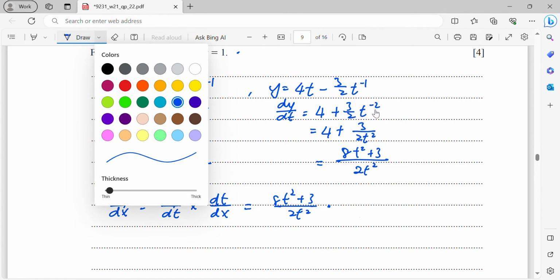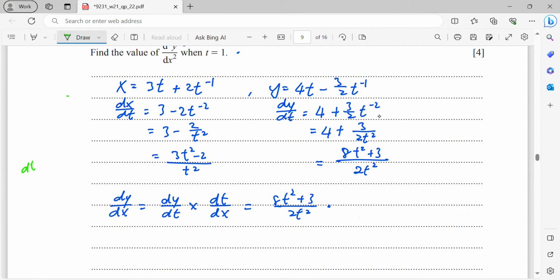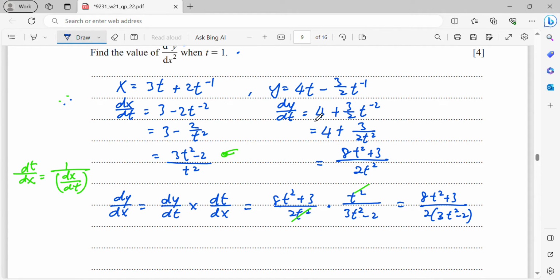For your information, dt over dx is 1 over dx over dt. So I take the inverse of this, which means I just swap the numerator and denominator. So here, I should get this term. And now, the t squared will be cancelled off. And at last, you will get 8t squared plus 3 over 2 times 3t squared minus 2. This is your dy dx.